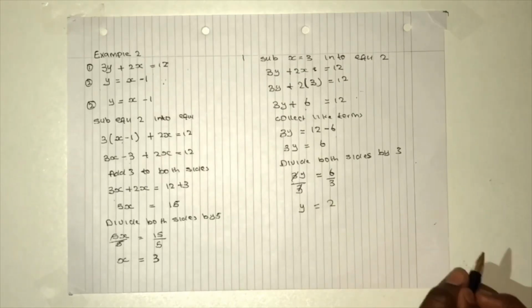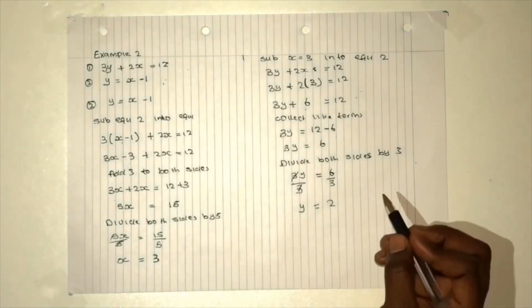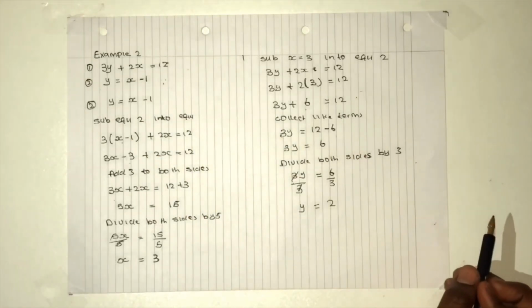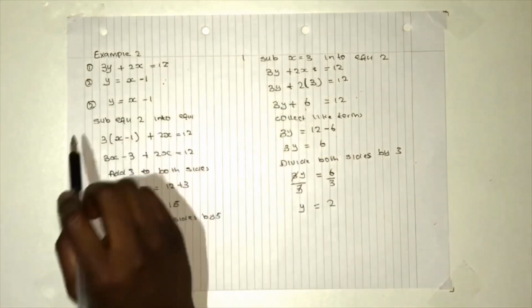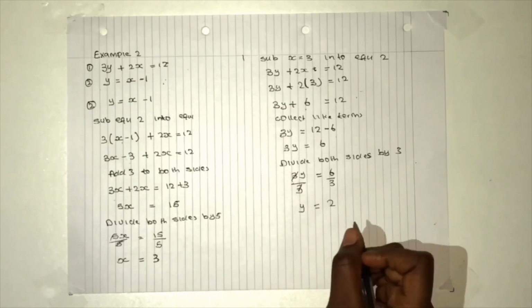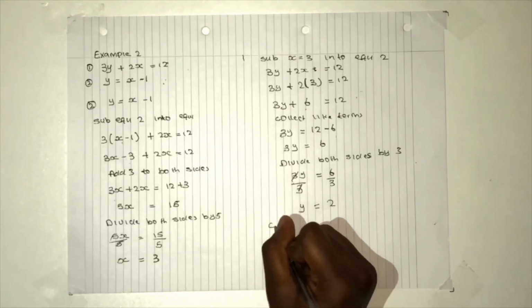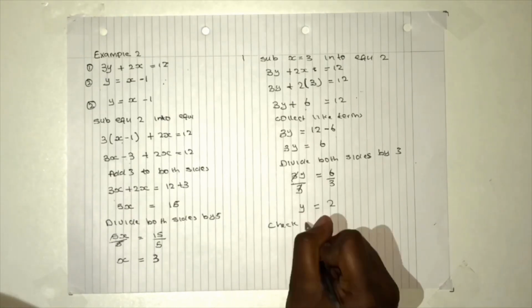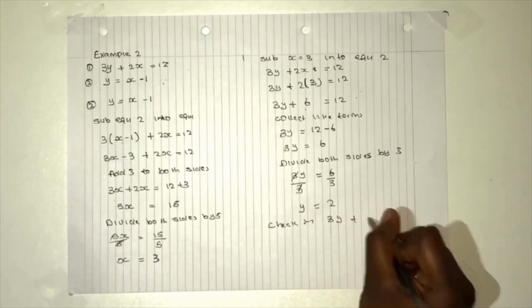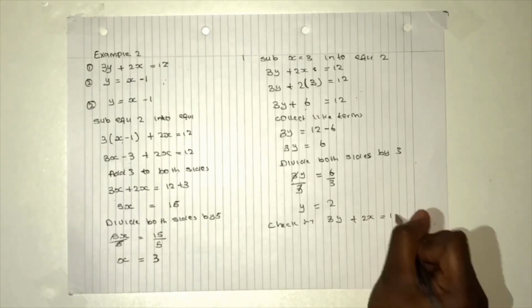In order to be sure that your answers are right, you can sub your answers for x and y into any of these equations, which is what I would do. I would sub my value of x and y into equation 1. Check. 3y plus 2x equals 12.